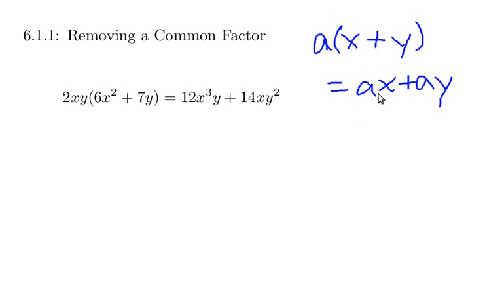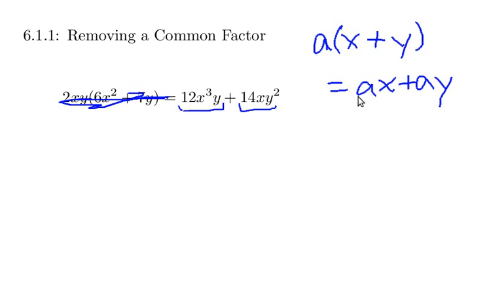See, we know that a times x plus a times y equals a times (x plus y). So if we have two arbitrary terms, let's pretend for a minute that we don't know what this is. We've only seen this right side of the equation. So we want to find common terms.